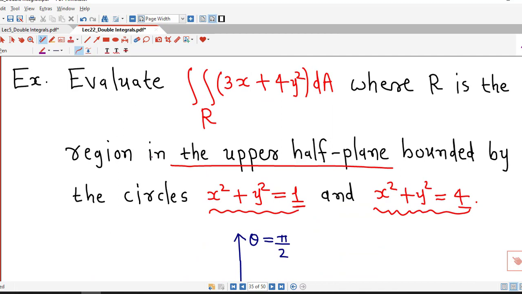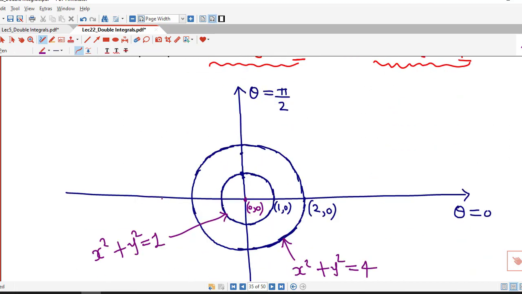Now our region R is the region in the upper half plane bounded by both the circles. Upper half plane means we have to consider the region which is above the x-axis. So we will go above this x-axis. Now we have to consider only that portion which is bounded by both the circles.